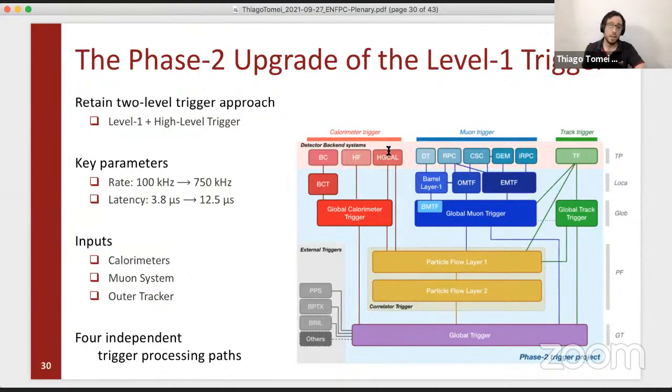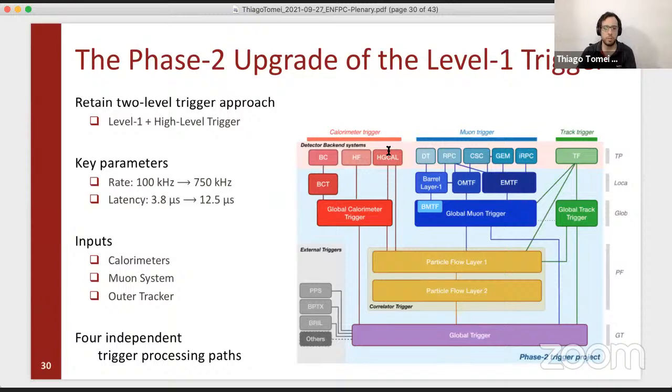And let me quickly tell you about our phase 2 upgraded level 1 trigger. First, the output rate of the trigger will go up together with the luminosity, so 750 kilohertz. But in order to deal with the complicated events, remember the pile-up, we will have to increase the latency of the trigger from 3.8 to 12.5 microseconds.